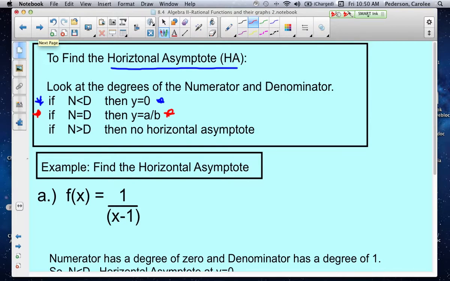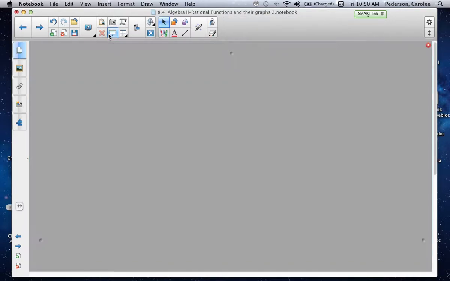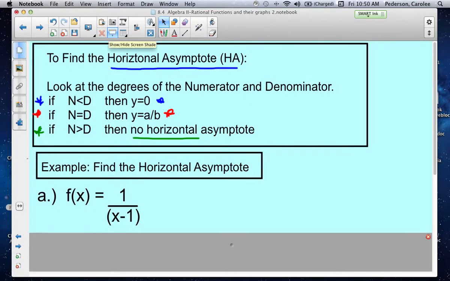The last one is if the degree of the numerator is greater than the degree of the denominator. Then there is no horizontal asymptote for this problem. I'll give you a little bit of time to finish writing that up, and then I have a couple examples for us to do.